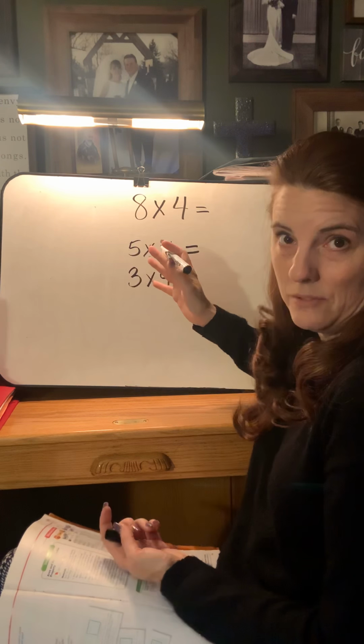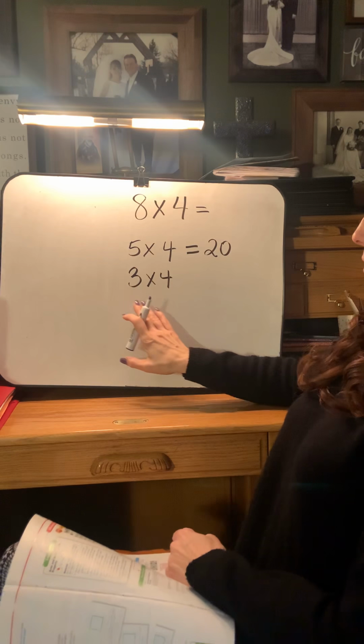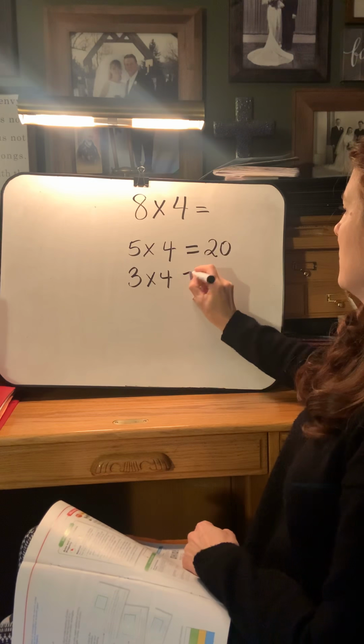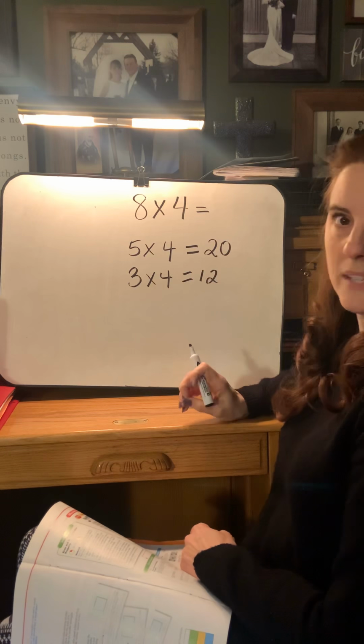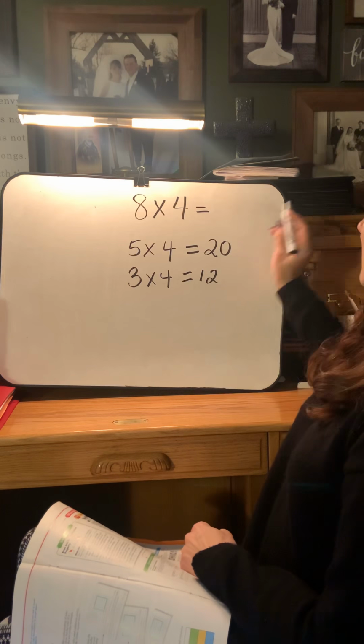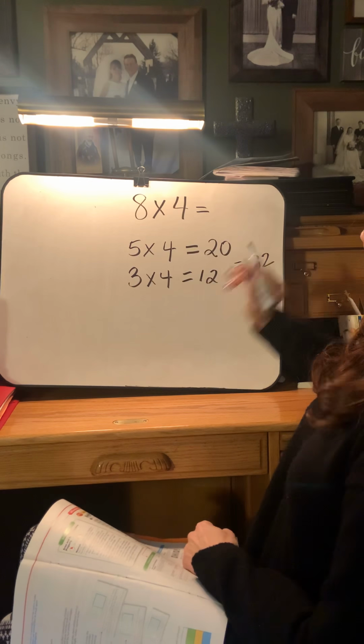If you know 5s, because those are easy, 5 times 4 is 20. And if you know 3 times 4 is 12, then you could just add those together, and then we would know that 8 times 4 is 32.